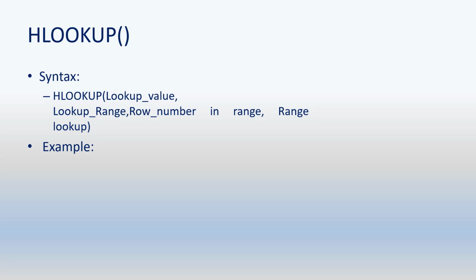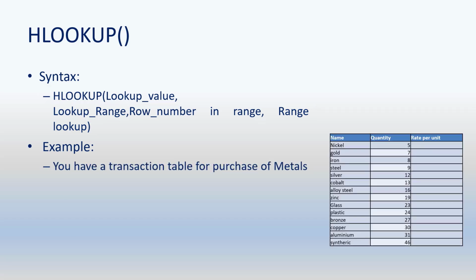Look at this example. You have a transaction table for purchase of metals. You want to pick the metal in row 2. That means you have a table which is listing all the names of metals and the corresponding quantities. You want to find the metal in row number 2.